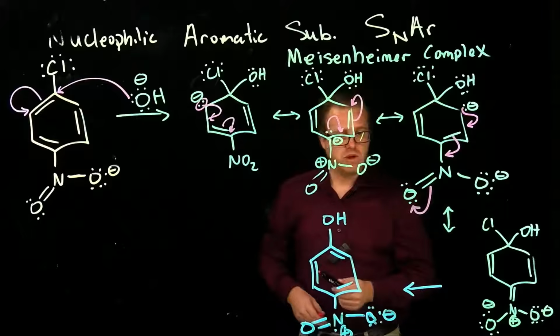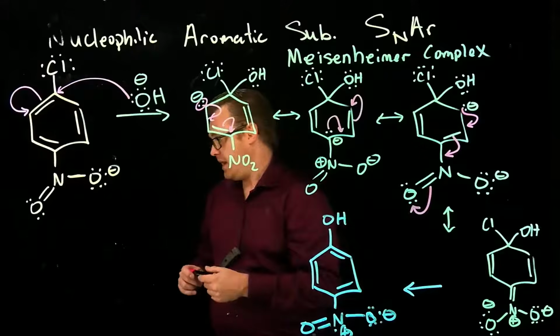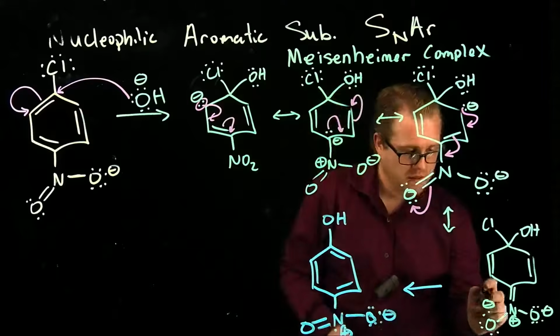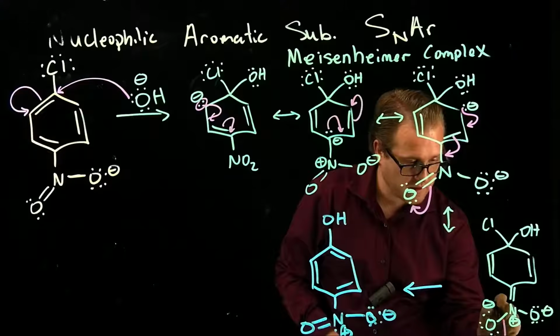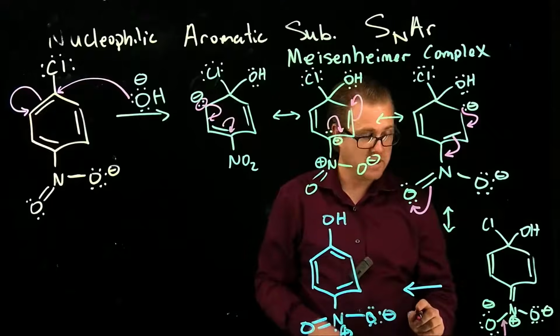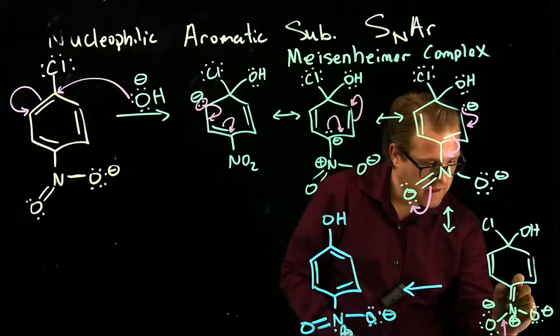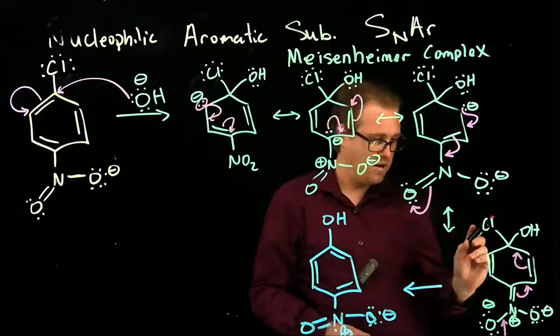And then to go to our product, what happens is that we're going to eliminate the chlorine atom. So this is going to collapse, the lone pair is going to collapse back down, like so. And then these pi electrons will come here, those will come there.